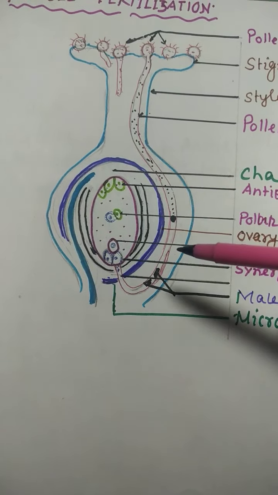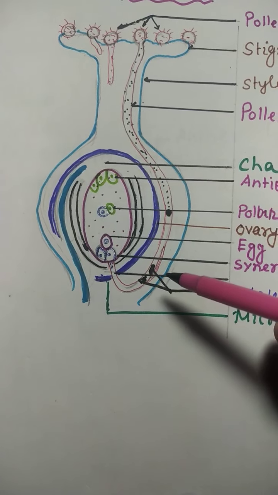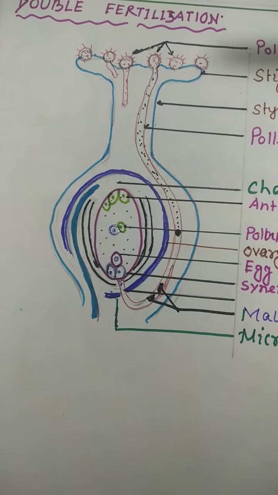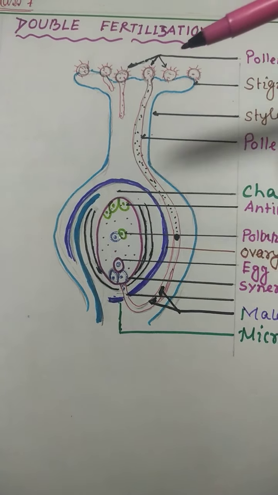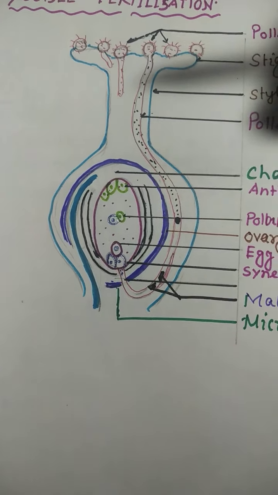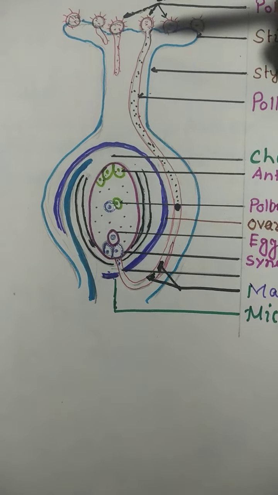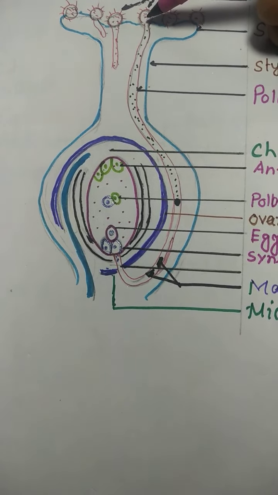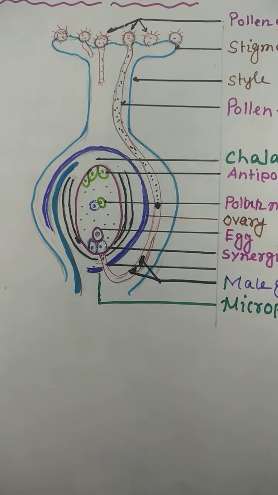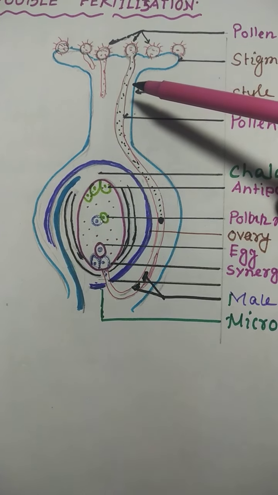The generative nucleus divides mitotically and forms two male gametes. But in certain plants, the pollen is shed at the three-cell stage, and then the pollen tube carries two male gametes from the beginning.